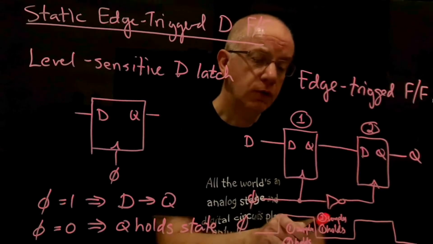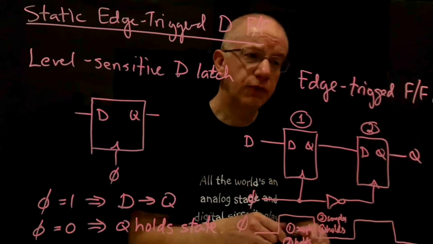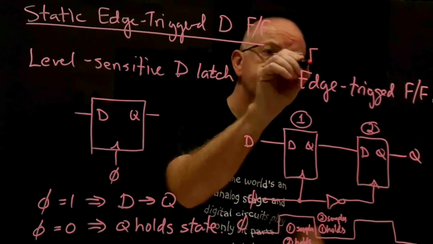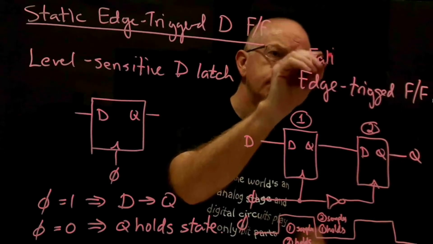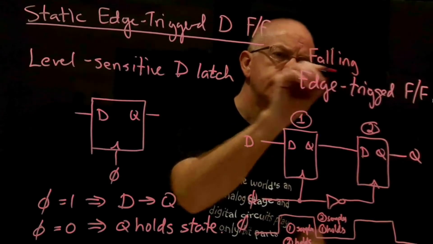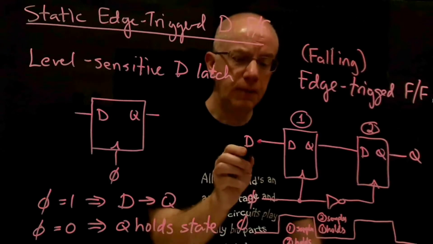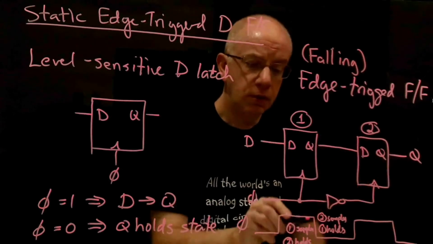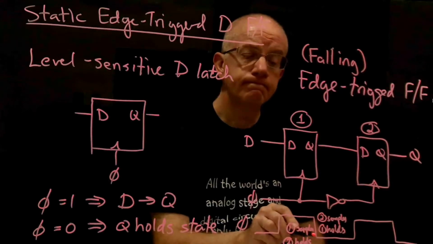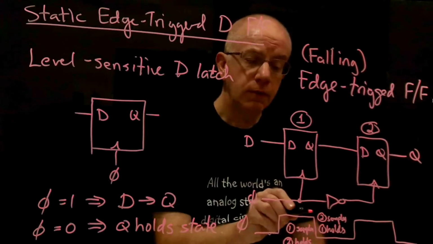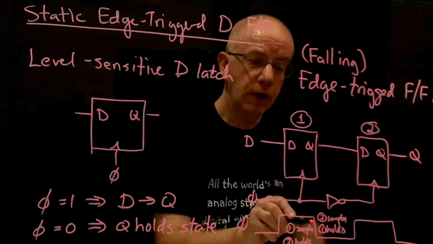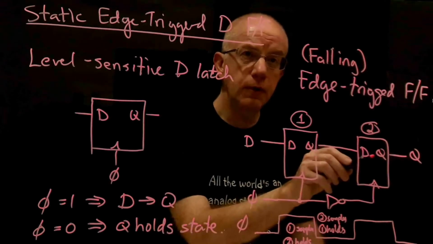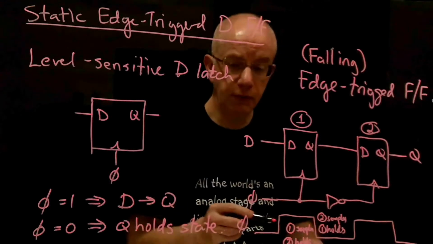So in effect, this becomes a falling edge triggered flip-flop, because D gets propagated to Q when phi goes low, and otherwise nothing happens to the output. Okay, that's in theory what happens.